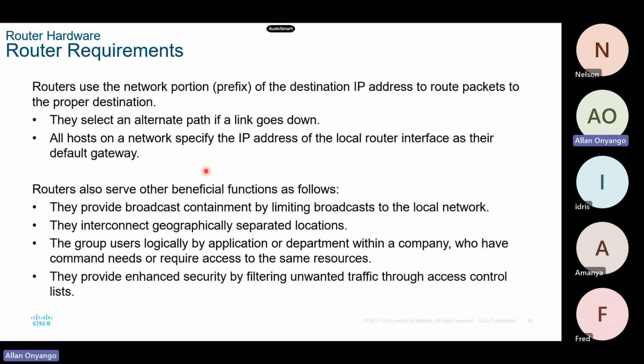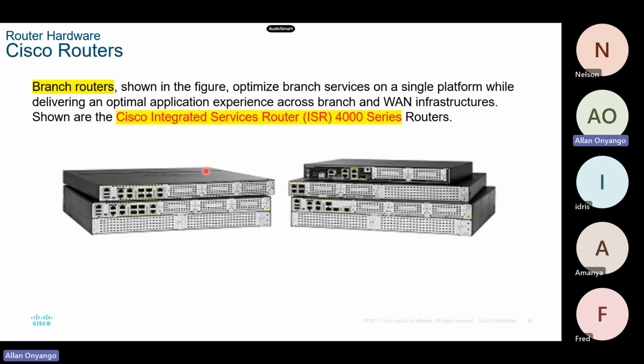Routers can also group users logically, and this has something to do with what we call router on a stick inter-VLAN routing, and that's very important. Routers can also be configured with access control lists, and that provides security within the network. So that is very important.